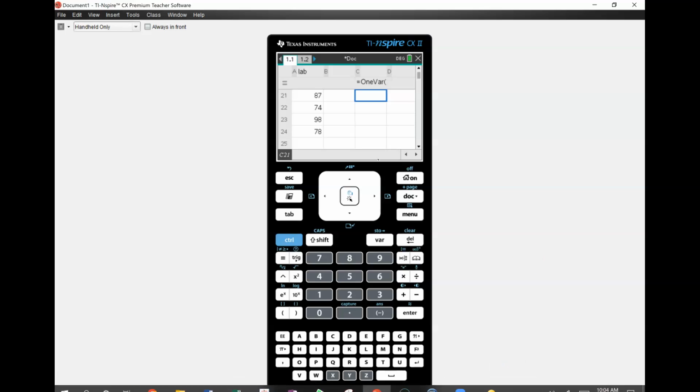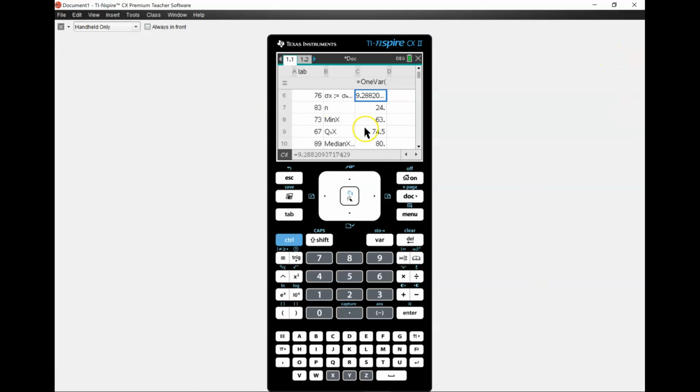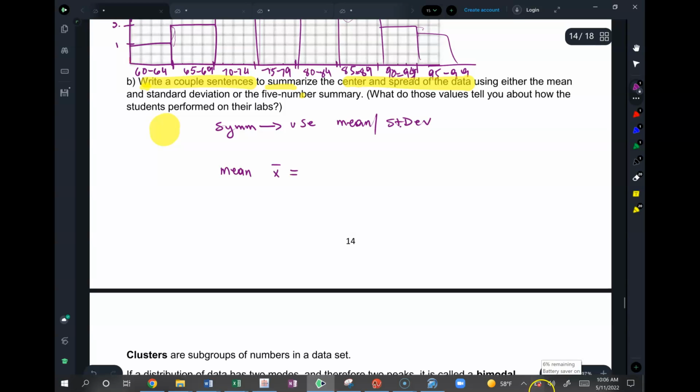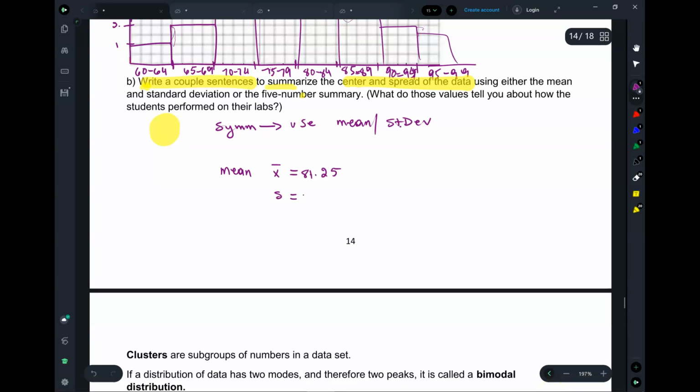The mean is 81.25, and the standard deviation is right there. It's 9.5. So here I say the mean X bar, you don't have to write the word mean, is 81.25, and the standard deviation is 9.5, right?